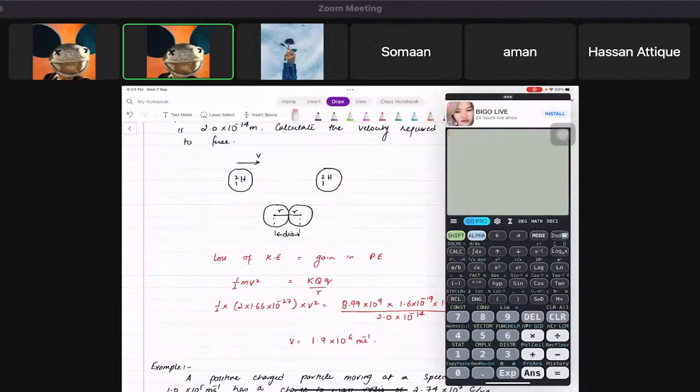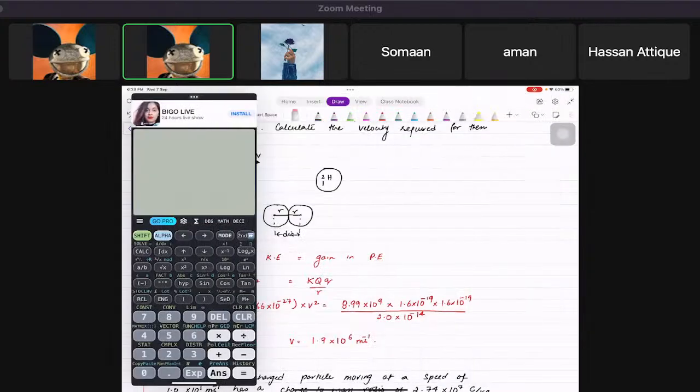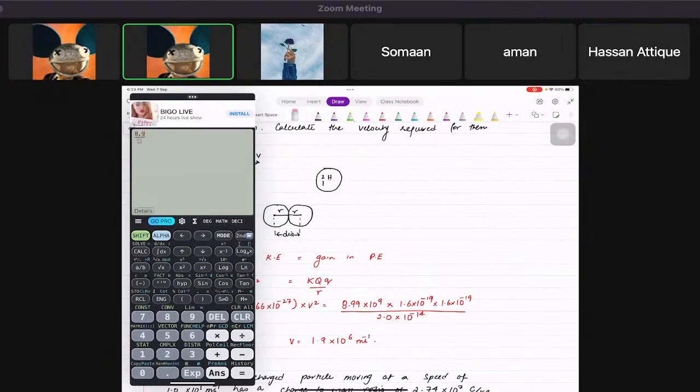So this is going to be, first I need to do this, sorry. 8.99 times 10 raised to power 9 times 1.6 times 10 raised to power minus 19 times 1.6 times 10 raised to minus 19 divided by 2.0 times 10 raised to power minus 14. Okay.